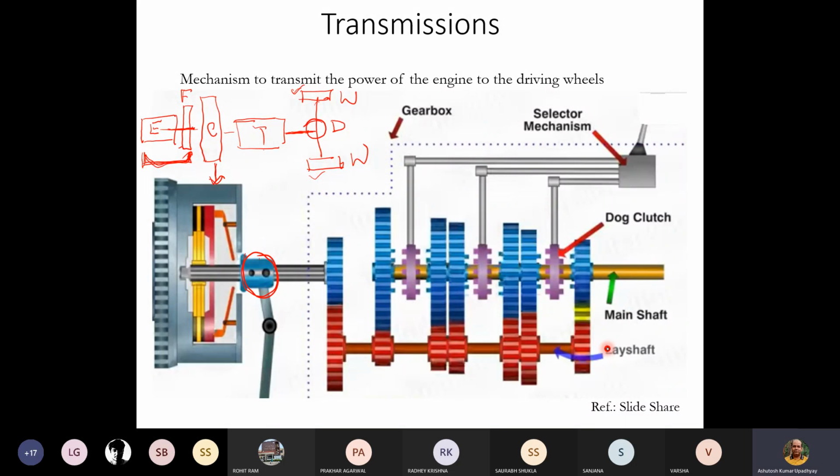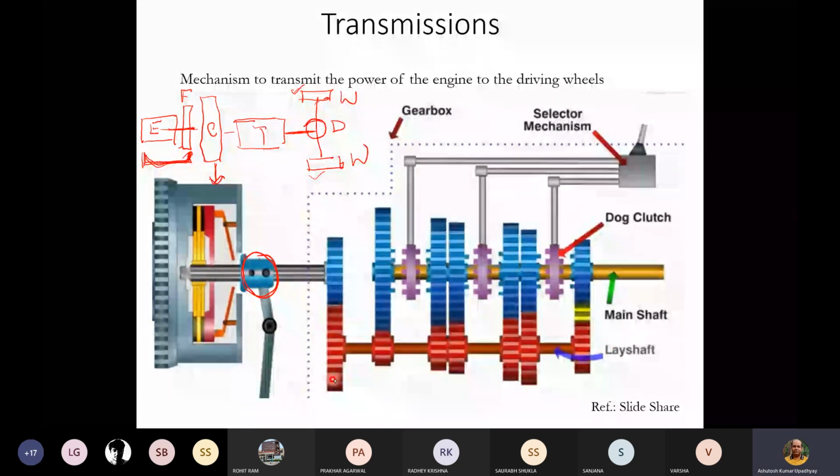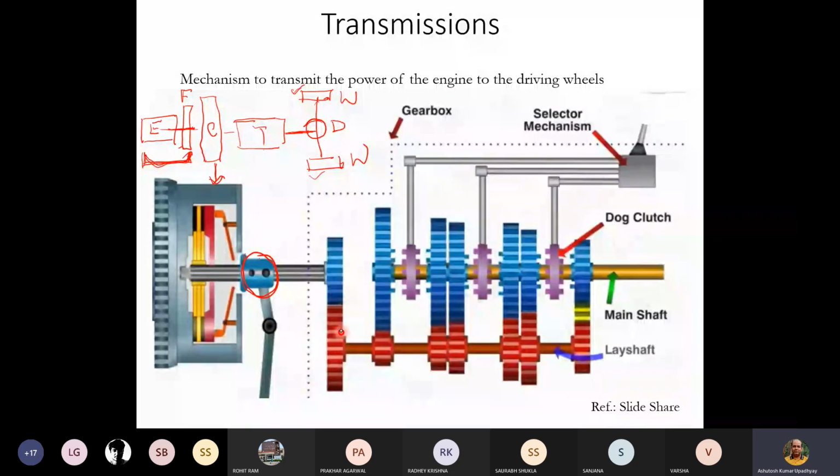This first gear, which is connected to the clutch gear, is called the counter gear. They will always be in contact. This counter shaft, the red shaft, will always be running, and then it will transmit the power to the main shaft.